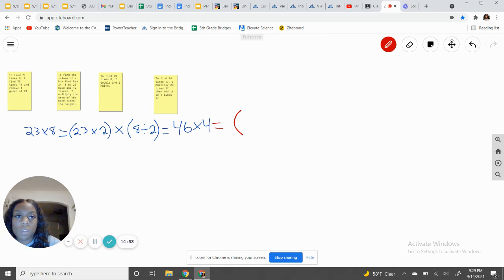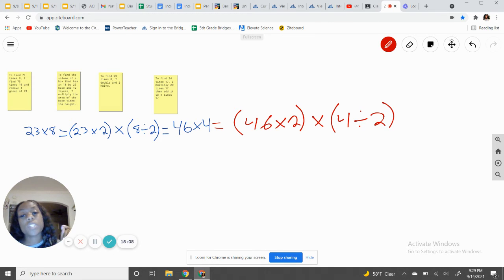So we have this, parentheses, 46 times 2, which is double, times 4 divided by 2, which is halving, equals 92, for the purposes of going quickly, 92 times 2. Now, does that look like something we could solve pretty quick? Because it's just times 2.